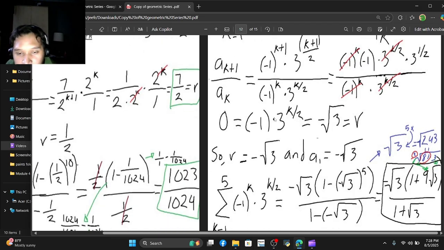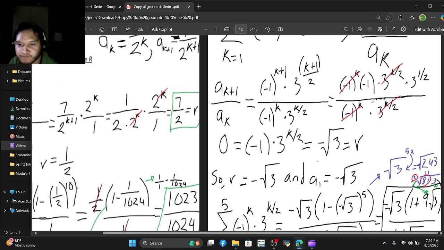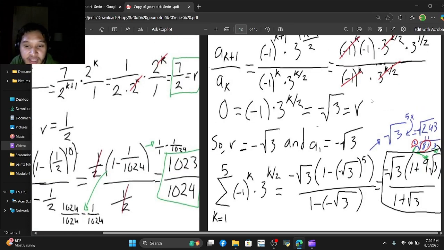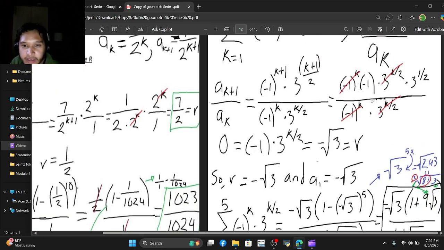So this negative 1 will be negative 3, the square root of negative 3 to the power of k. But the power of k really doesn't matter because we just simplify the whole thing into r. Okay, so the ratio is negative 3.